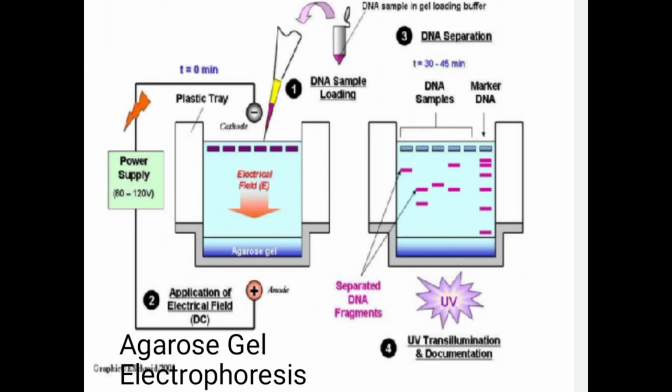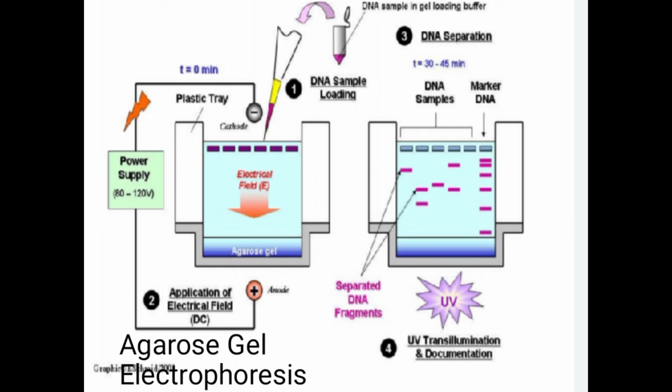Friends, this is the figure of agarose gel electrophoresis. In this figure, the electric current is applied, and the agarose gel is placed at the bottom, and we place the DNA sample.